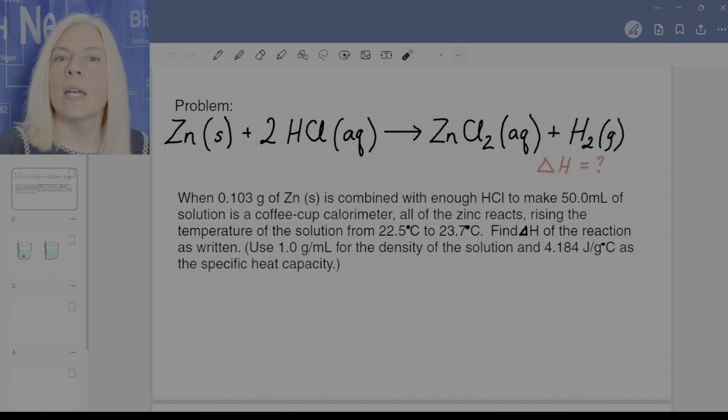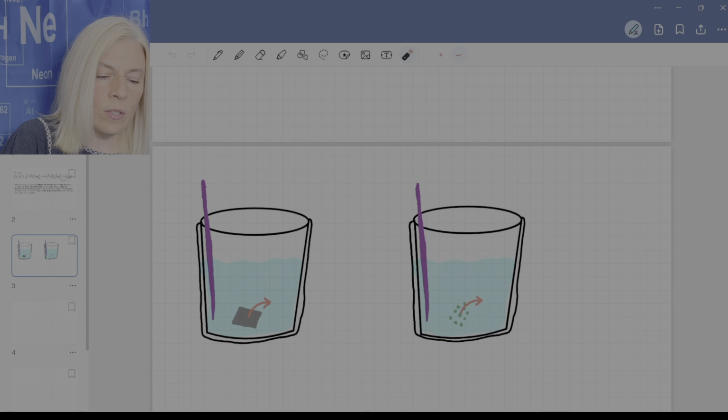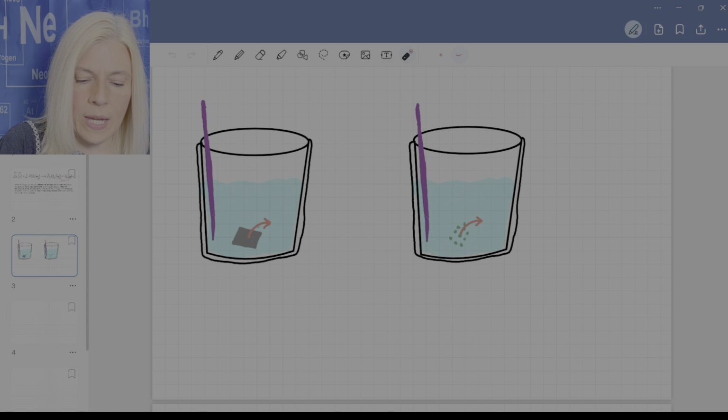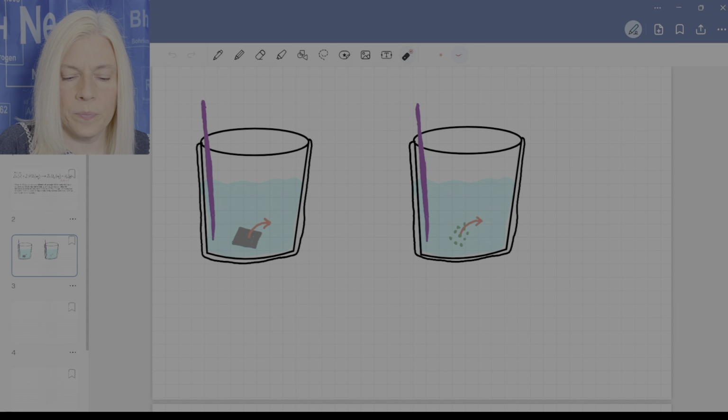Okay, how do we approach this problem? Well, we're going to see what's similar to what we learned before. Before, we had a hot metal that lost heat, and cold water that gained heat. Right now we don't have a metal, but a chemical reaction.